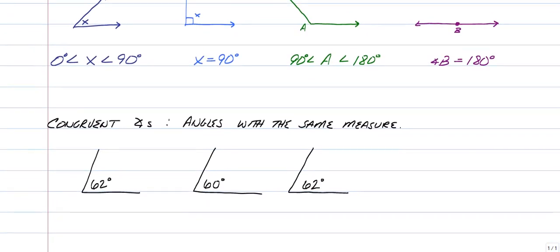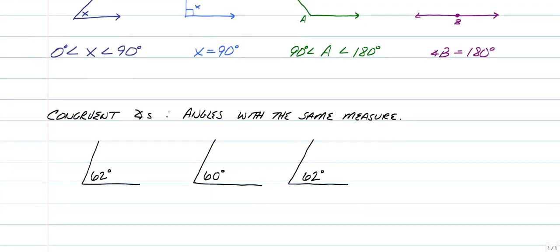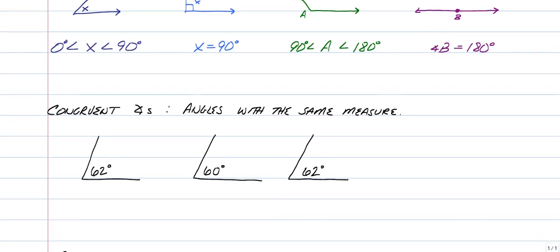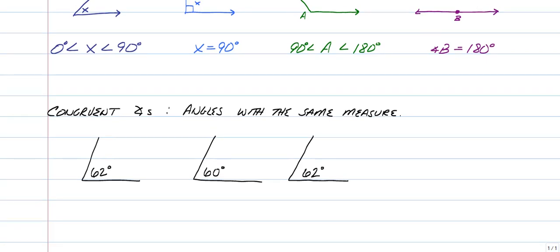Okay, now there's all sorts of different types of angle relationships that we're going to cover, but a very easy one now that we're talking about measurement is a congruent angle. Now, congruent angles means that they have the exact same measure. Okay, so an example here, we have three acute angles that all look very, very similar, but only two of them have the exact measurement.